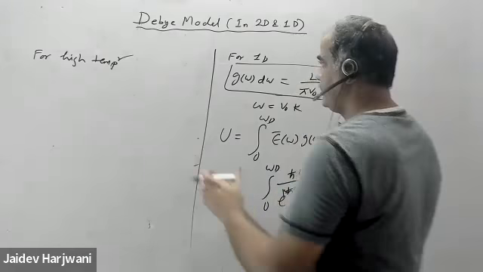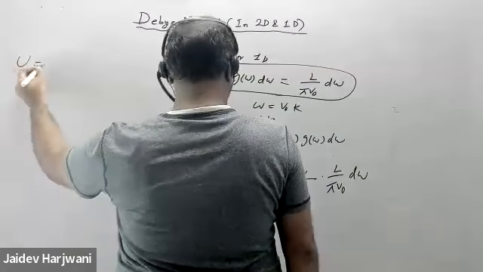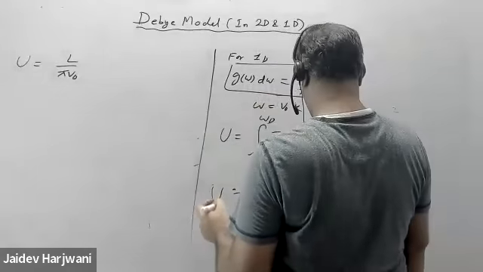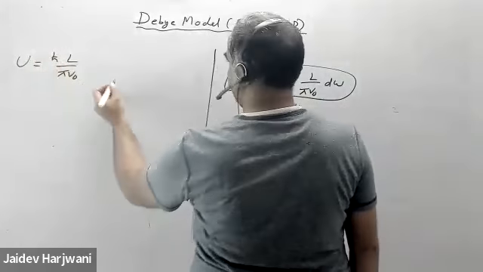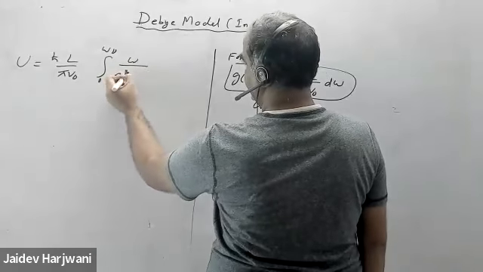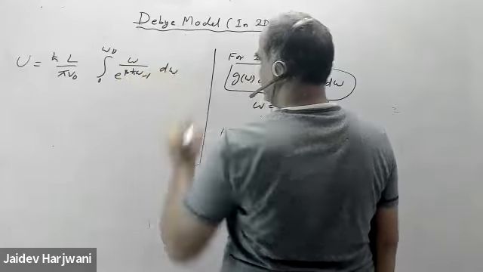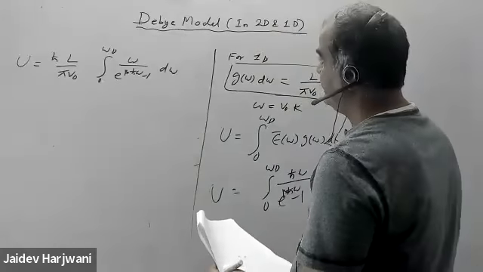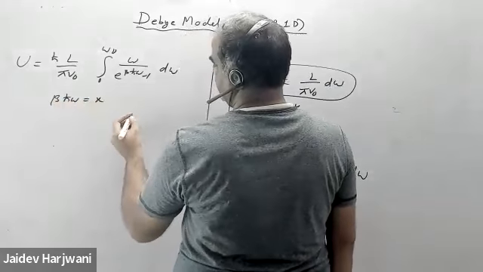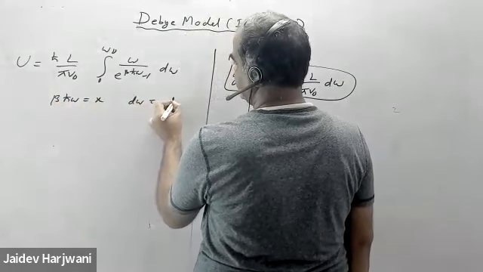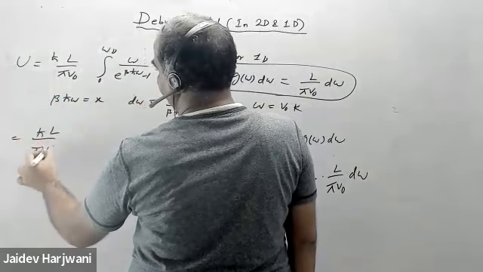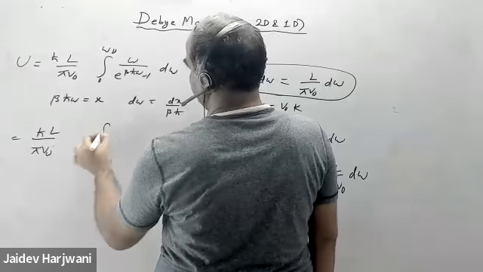So your U will be L upon pi v naught, h cut, integral 0 to omega D of omega upon e^(beta h cut omega) minus 1 d omega. If you put beta h cut omega equals to x, so d omega will be dx upon beta h cut.